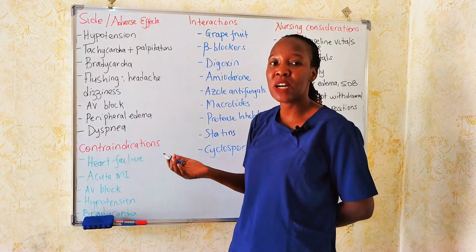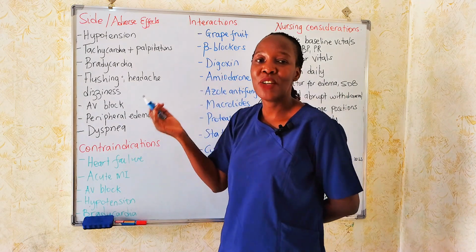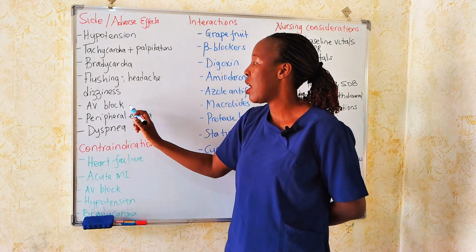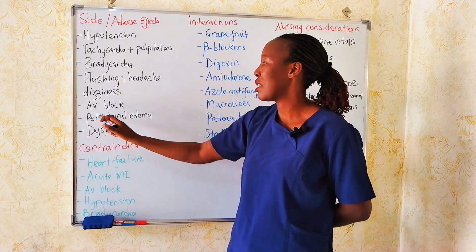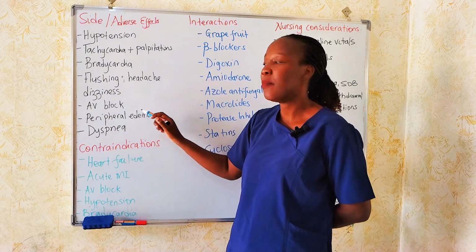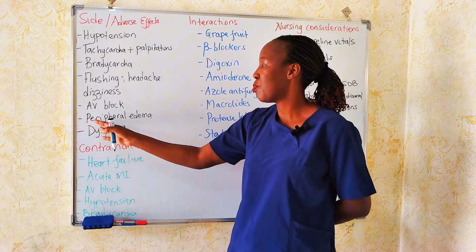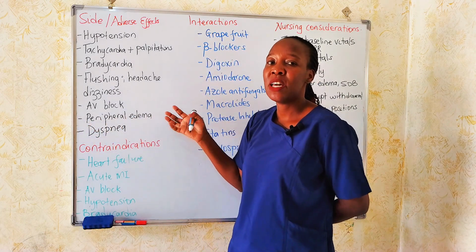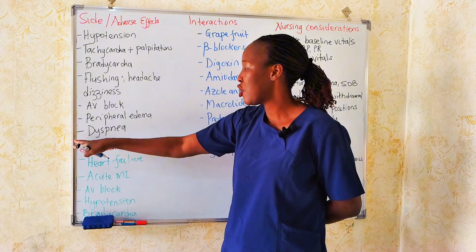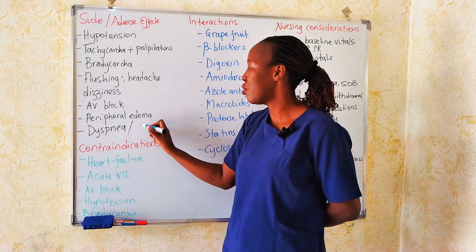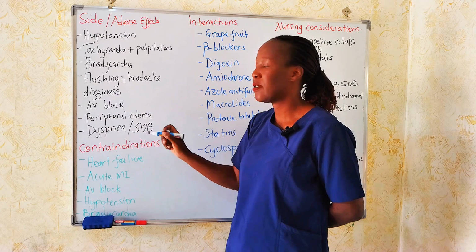They block conduction from the sinoatrial nodes to the atrioventricular nodes. These drugs can block the heart or can cause an atrioventricular block. Then their vasodilating effect is also going to bring about peripheral edema, and patients may also complain about dyspnea and or even shortness of breath.